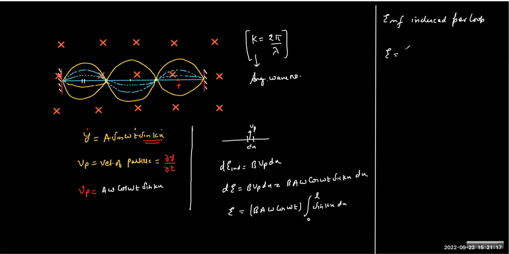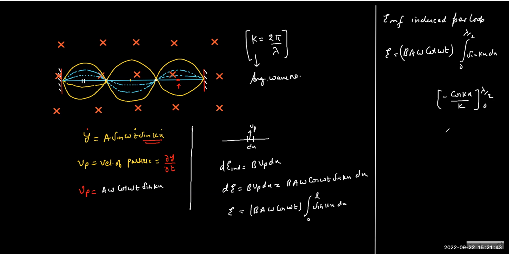E equals B A omega cos omega t, integration from 0 to lambda by 2 of sin kx dx. What is the integration of sine? Minus cos kx by k, right? Yes.